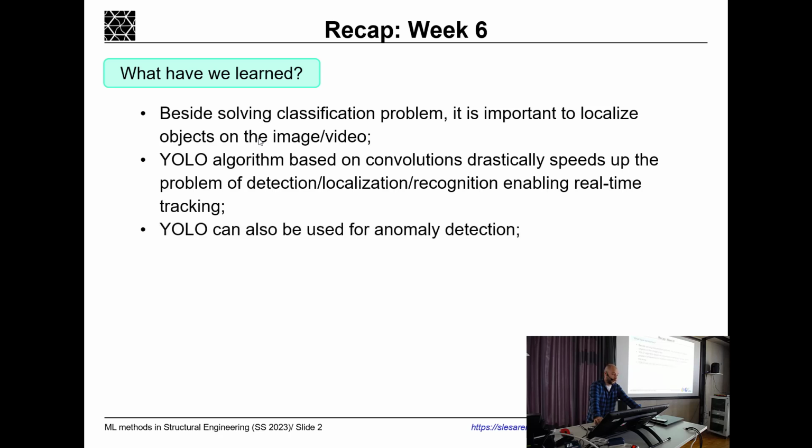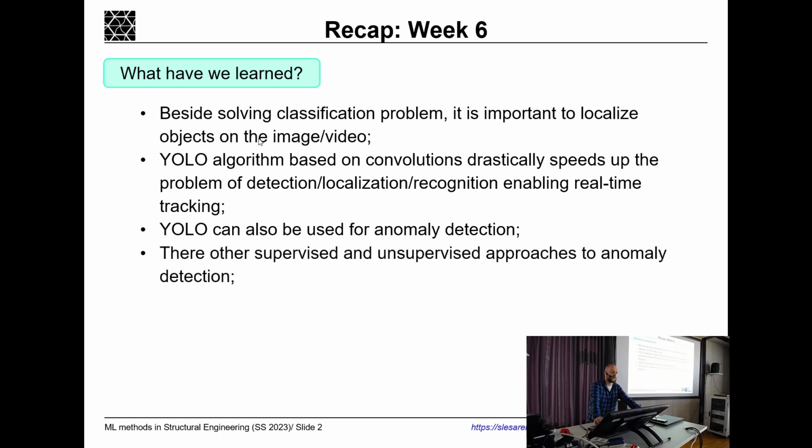YOLO can be used for anomaly detection. We looked at it a little bit, using different ways to detect anomalies in our systems. And of course, there are other supervised and unsupervised approaches for anomaly detection. We talked about it a little bit.